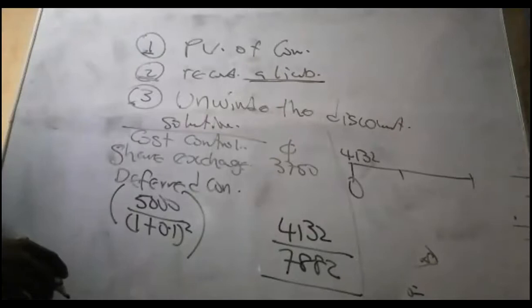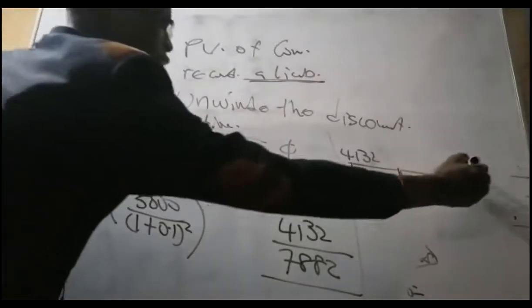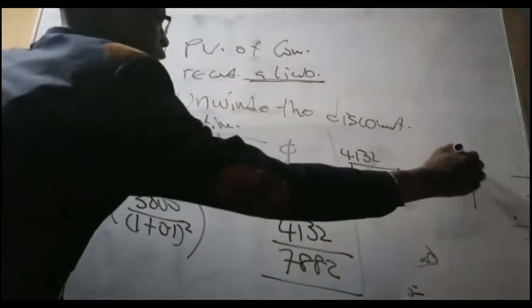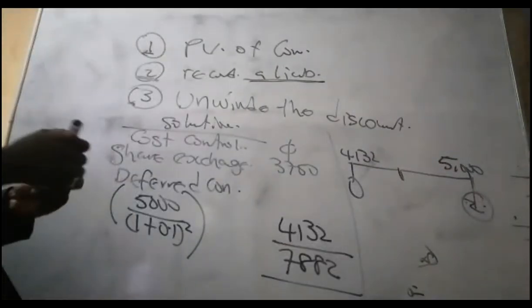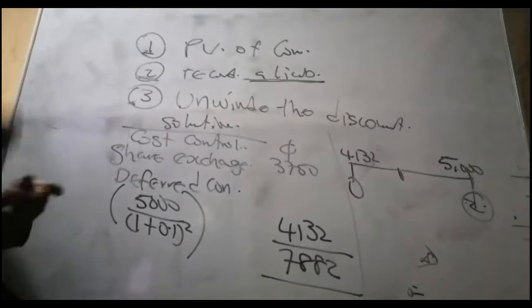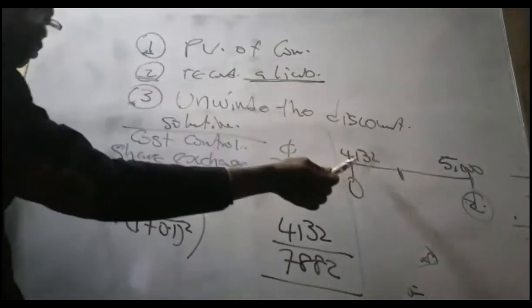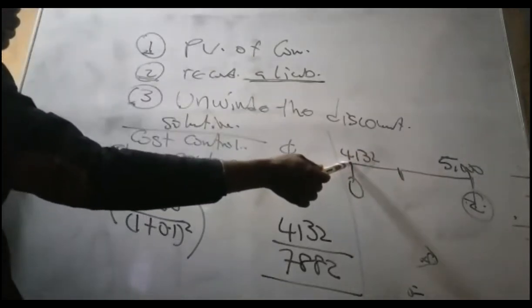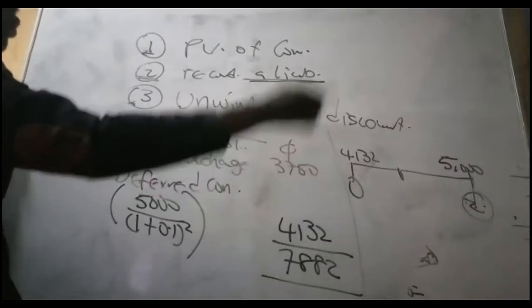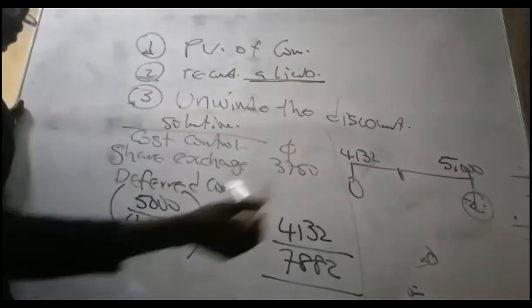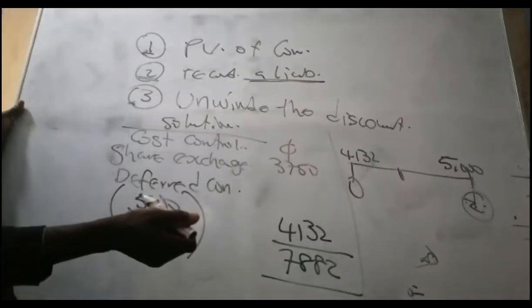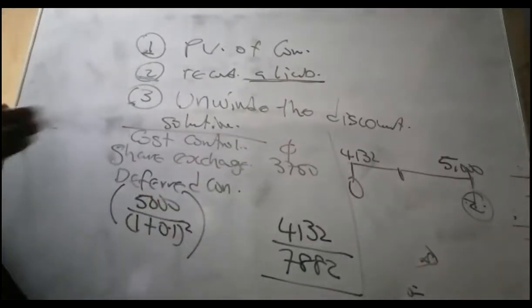That's the value today. Exactly 2 years' time, it will be 5,000. So look at the term. You discounted it, you get the present value. So to remove the discount from this figure and increase it, we can call it on discount.